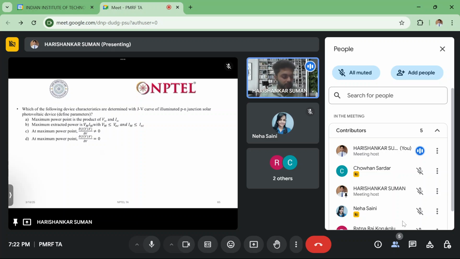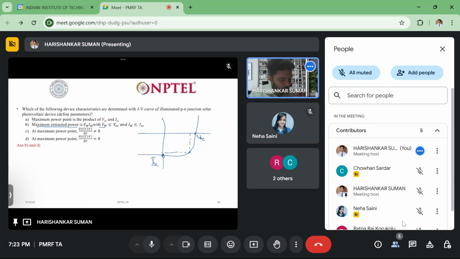Which of the following device characteristics determine the JV curve of an illuminated PN junction solar photovoltaic device? This is called JSC, VOC. Somewhere else is the maximum power point. So maximum power is less than or equal to the product at VOC and JSC, and VM equals Jm.